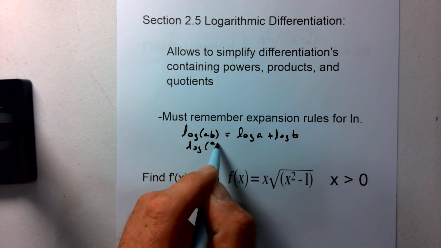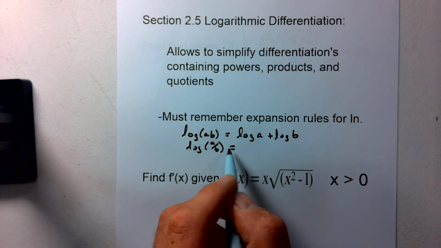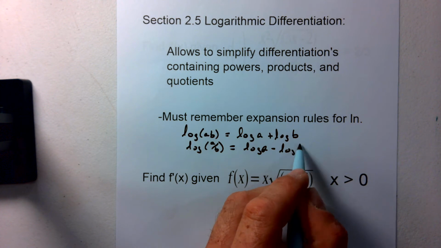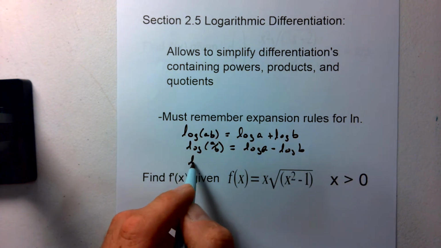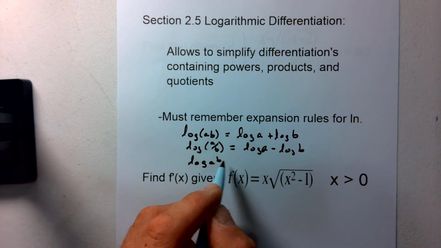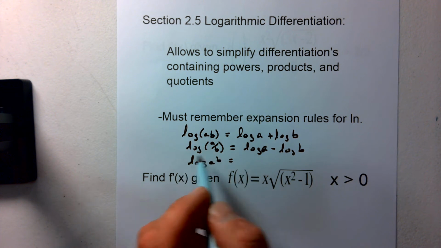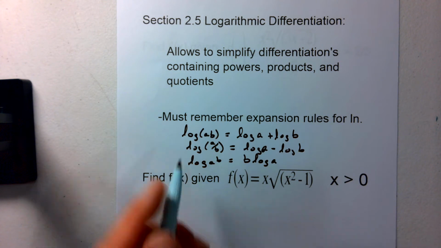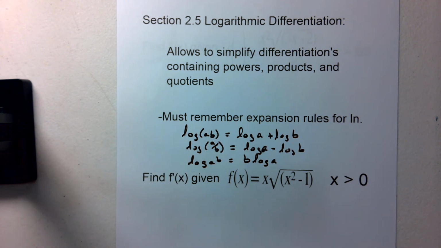Likewise, the log of a over b is the log of a minus the log of b. And if I had the log of a to the b, I could bring that exponent to the front of my log, so I have b log of a. Three very important rules as we get into expanding things and taking the differentiation through logarithms.